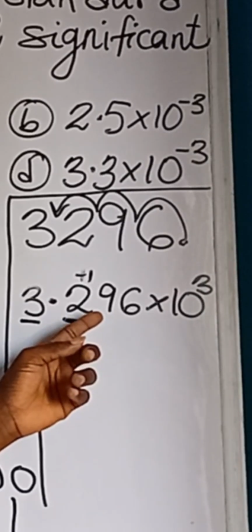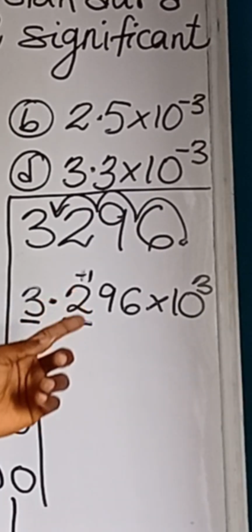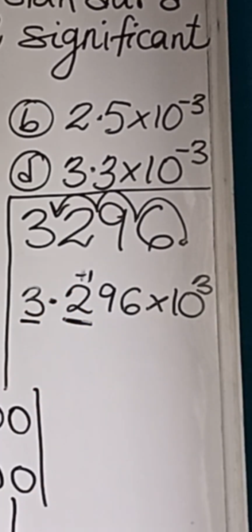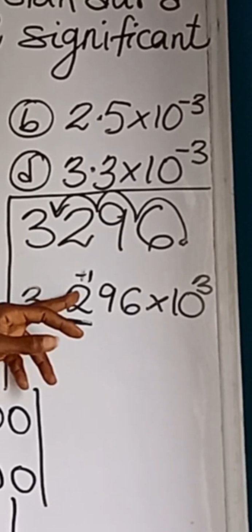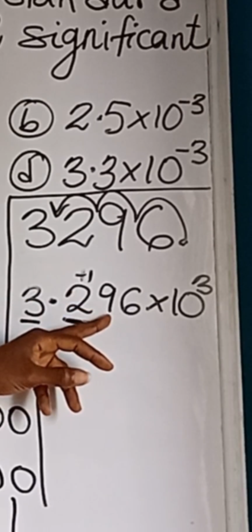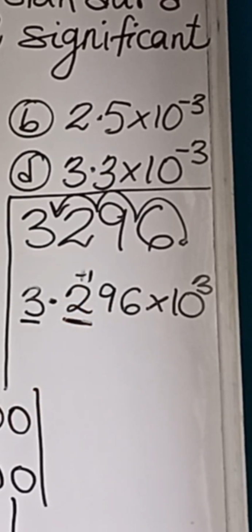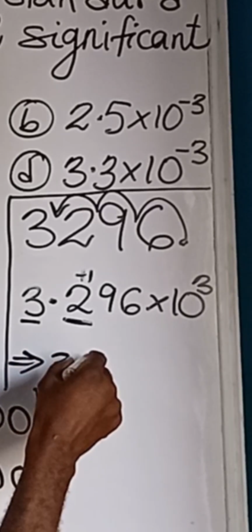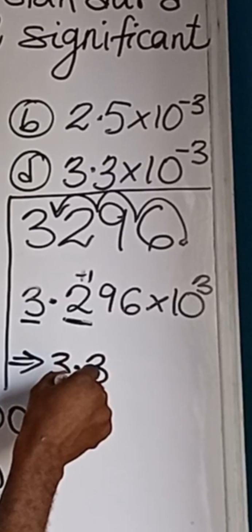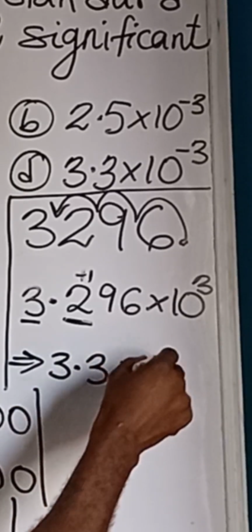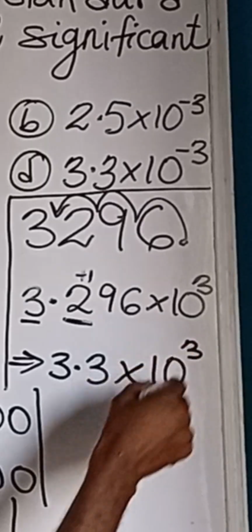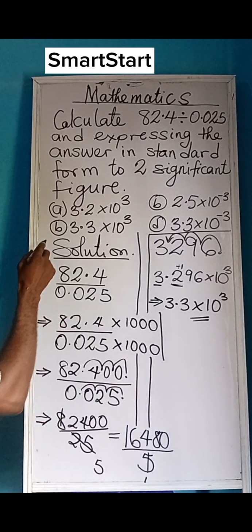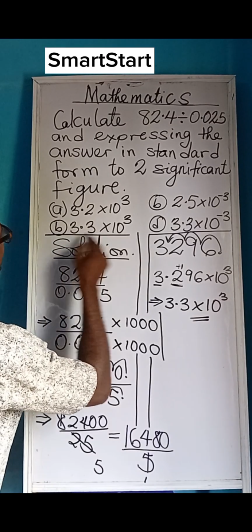Those figures are called non-useful figures. They are below 5. So you will not add anything to 2. But this time around, this is 9. You are adding 1 to 2. That will now give us 3.3 times 10 raised to power 3. That is your answer. And that gives us option B.